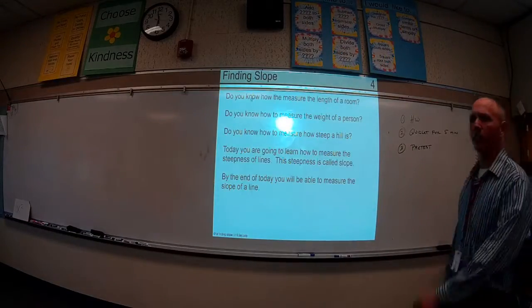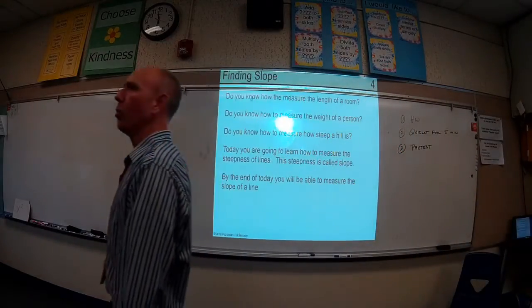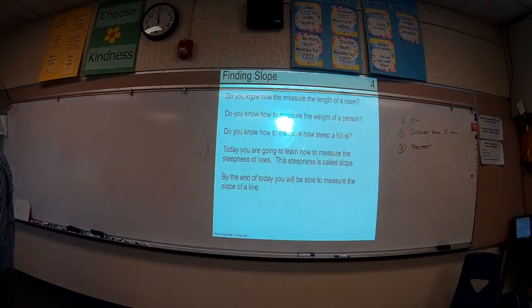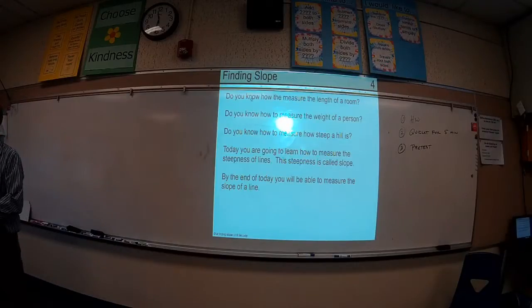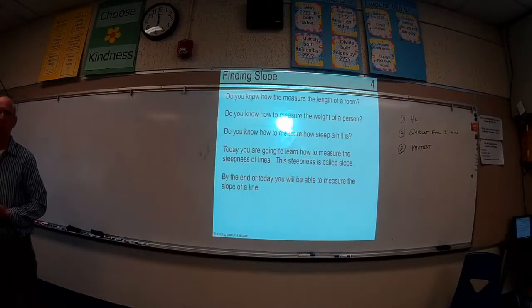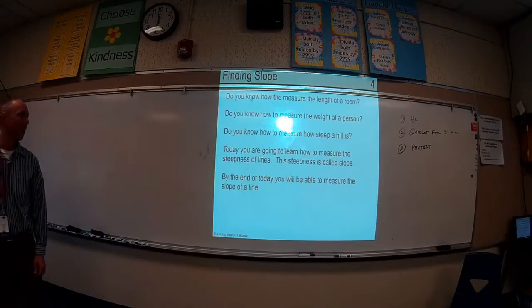Do you know how to measure the length of a room? What tool would you want, Gordon? Probably meters. A meter. What's a better tool? A tape measure. Could you measure the weight of a person? What tool would you use? A scale. Good.